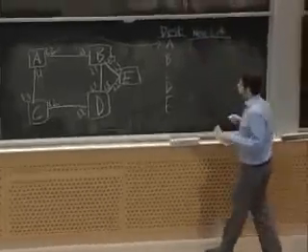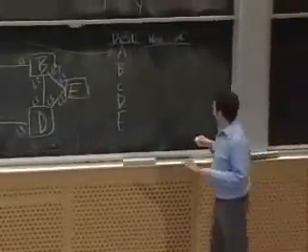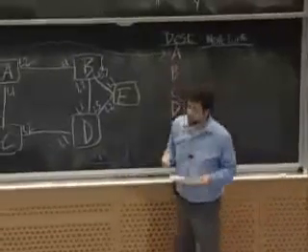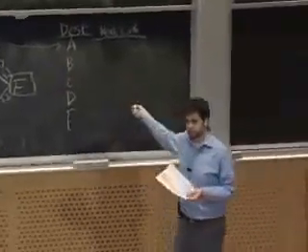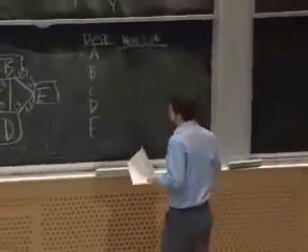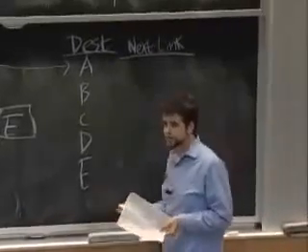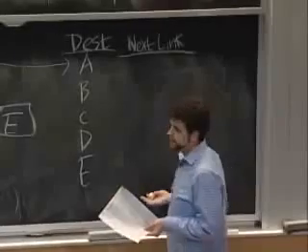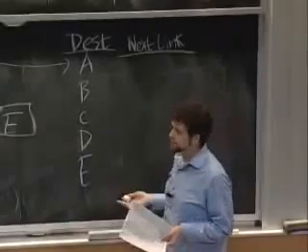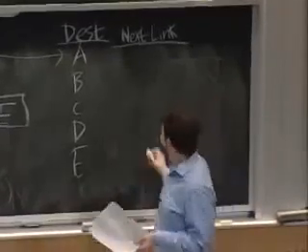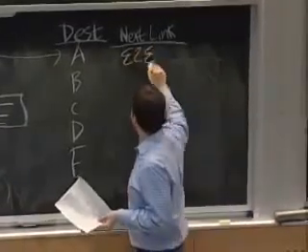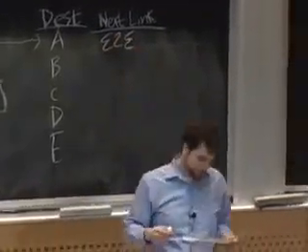So if A sees a message destined to node A, what should it do with it? Well, it's destined to its local node, so it's going to do the obvious thing, which is send it up to the end-to-end layer. So I'll just write E to E.